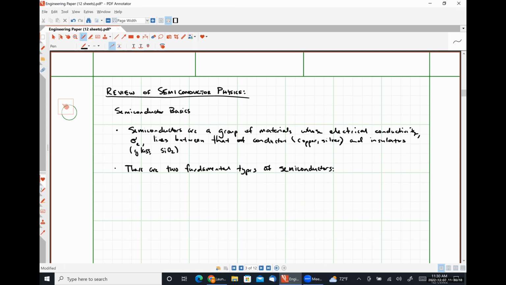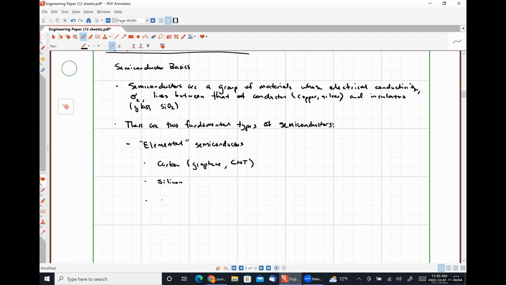So we have elemental semiconductors that are made up of a single element. So this might be carbon in the form of graphene or carbon nanotubes, silicon, and maybe germanium.